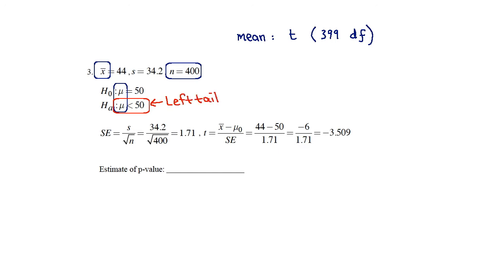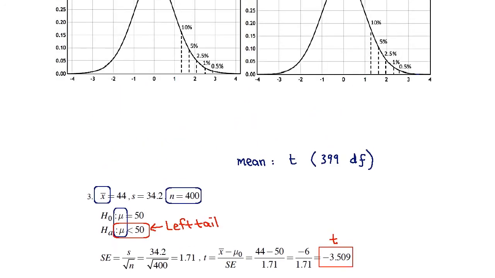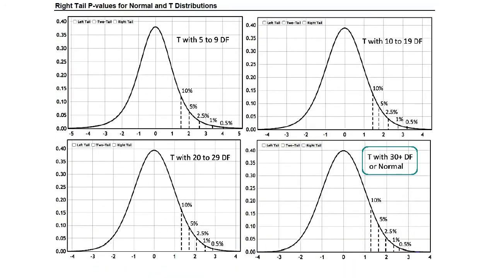So let's go ahead and take our t-statistic of negative 3.509 to the appropriate graph and find a p-value. Looking at our options, we're going to again select the t with 30 plus degrees of freedom or normal, but this time we're selecting it not because we want a normal distribution, because our degrees of freedom are so high.